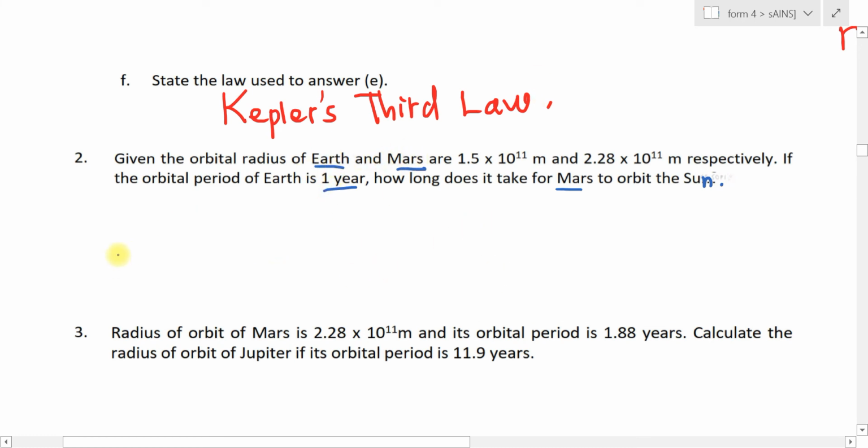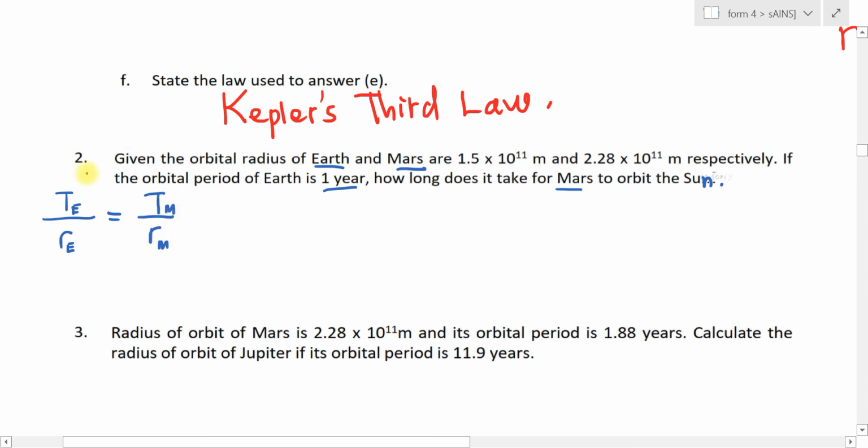Okay. Very simple. Okay, kita tulis dulu formula. T1 atau kamu nak letak Earth to E. Okay, letak macam ni dulu. T over R, T over R. Yang ni adalah untuk Earth. Yang ini untuk adalah Mars. Also can.